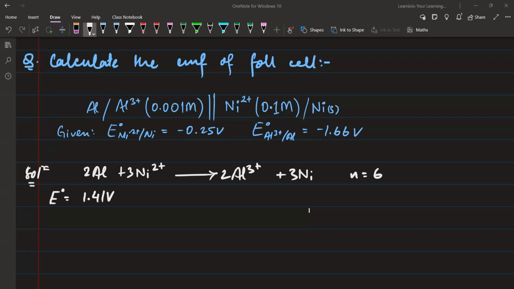निकल का कितना लिया आपने? 10 to the power कितना? -1. और पावर? 2. पावर 2 होगा। देखो, लुक यहाँ, वहाँ तो सही लिखा आपने, निकल 2 + 10 to the power 3, है ना?